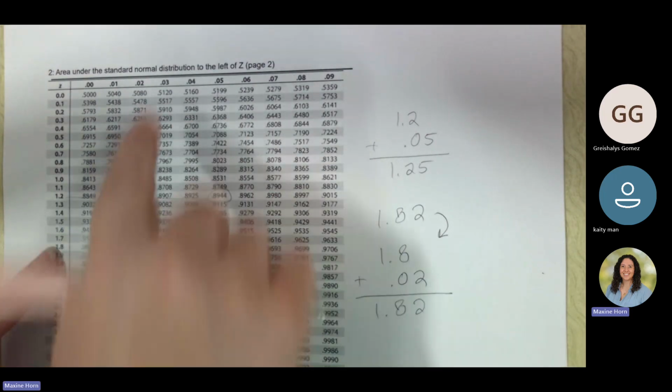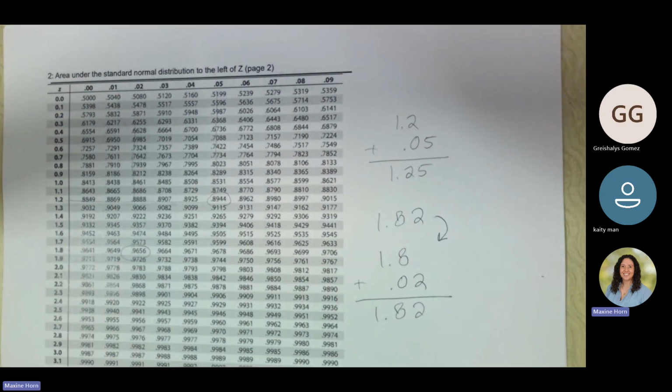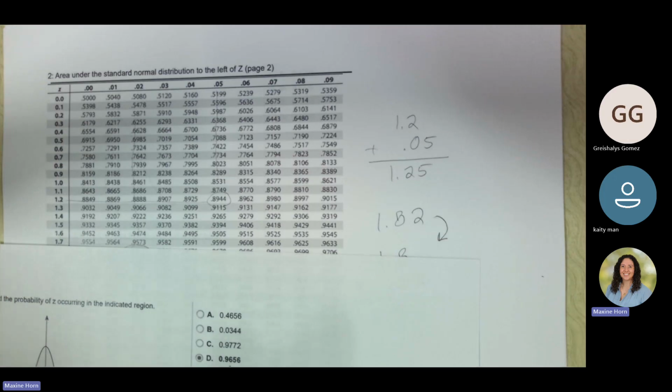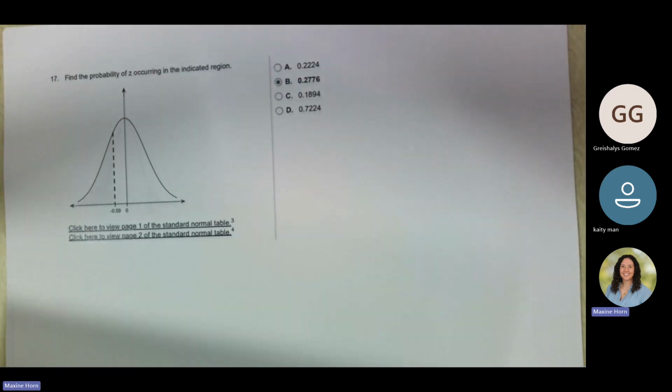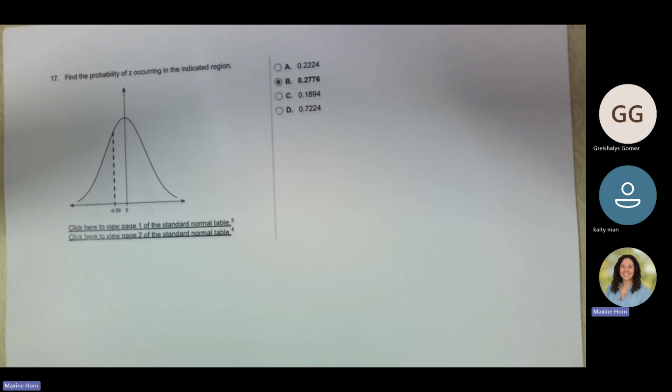That's where those intersect. 9656. And what was our answer? 9656. Okay. I'm going to keep these off to the side because we're just going to keep referring back to them maybe. Okay. And then we got another.